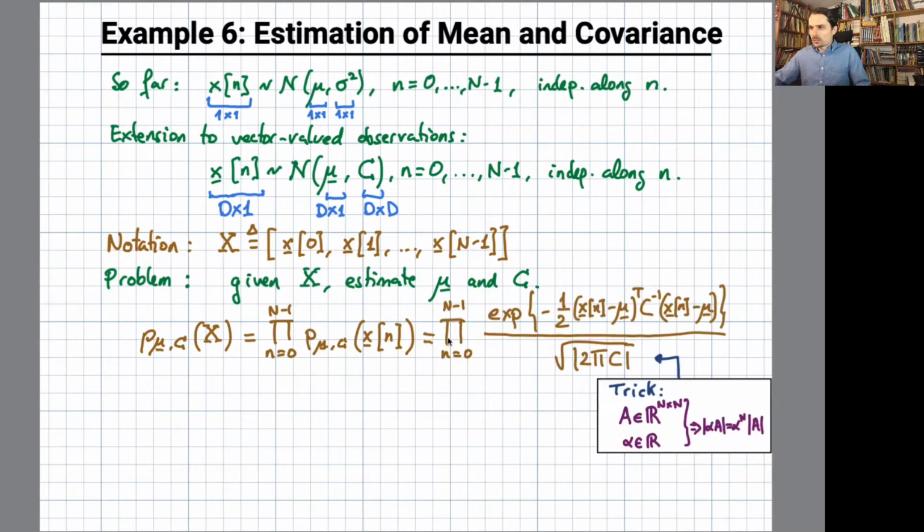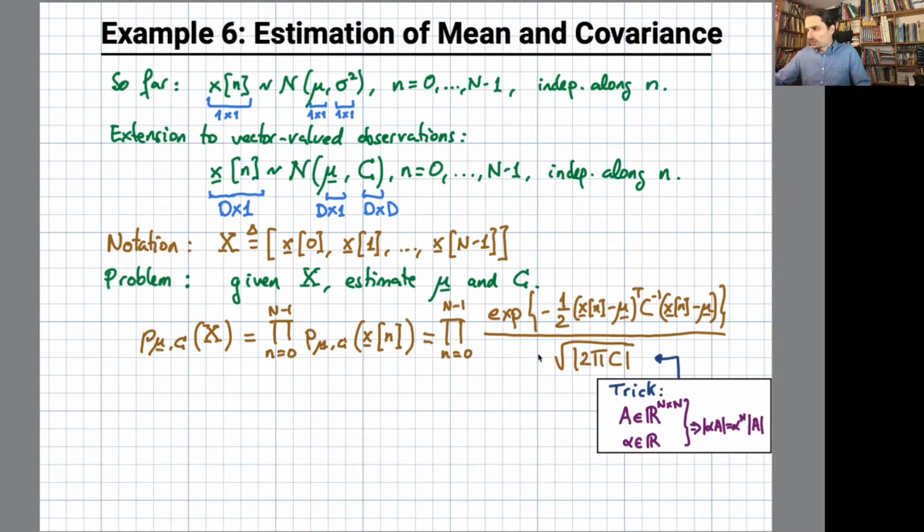And therefore, we just need to remember the expression for the PDF of a multivariate Gaussian distribution, right? So remember that it is the exponential of this quadratic form here, where this is the inverse of the covariance matrix, and in the denominator we have the square root of the determinant of 2 pi C. It is very common that people write this 2 pi factor outside.